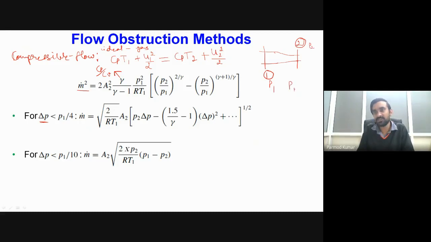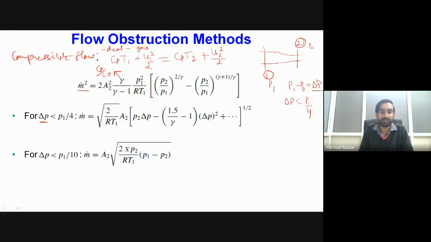The difference of upstream pressure minus downstream pressure is equal to delta P. Now, if that delta P is less than P1 by 4, under such conditions we can simplify this relation.